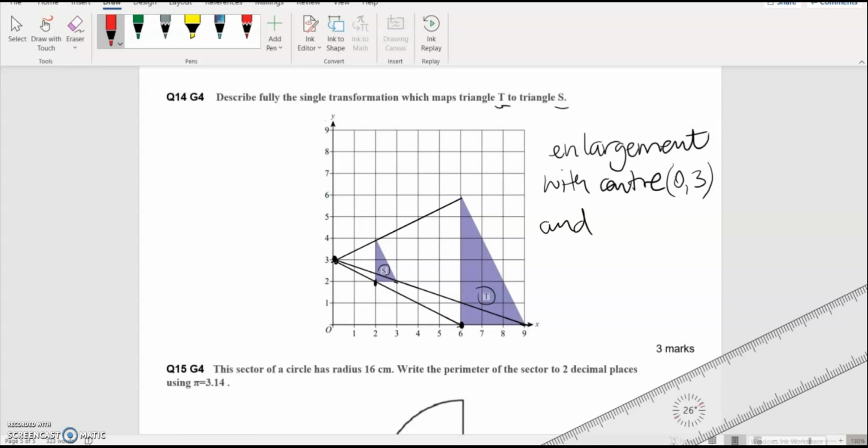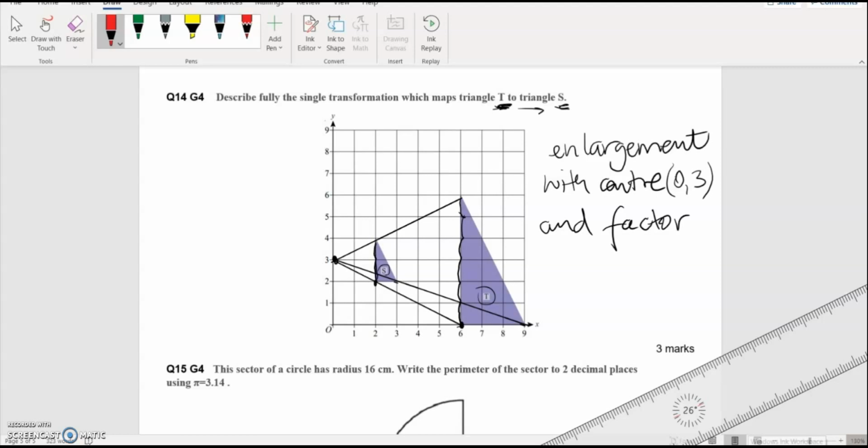And factor, which tells us how much bigger or smaller in comparison to the other shape this shape has got. So if I look at the dimensions of the first shape, because this is what we started with, which is going to go to S. So T has 1, 2, 3, 4, 5, 6 of these squares along this side, and then the similar side to that is this one, which has 1, 2.